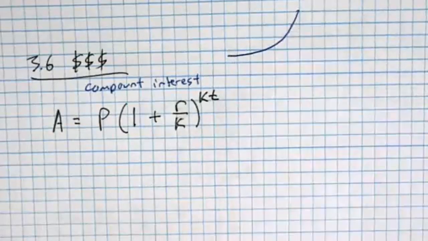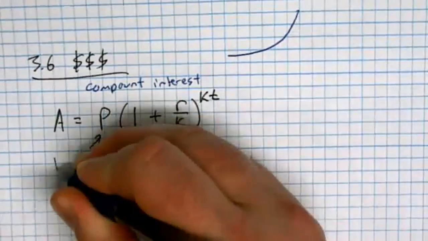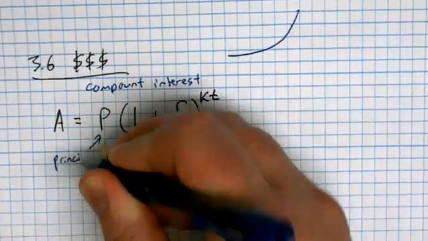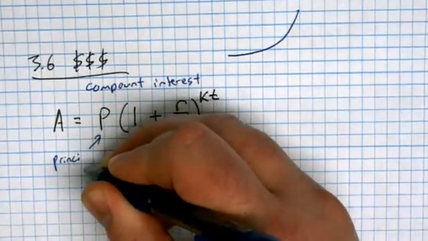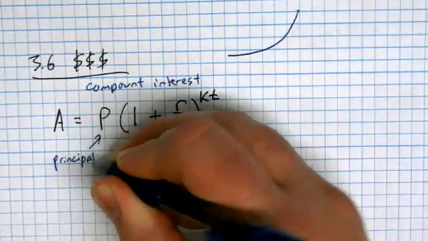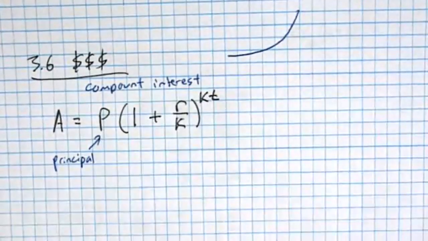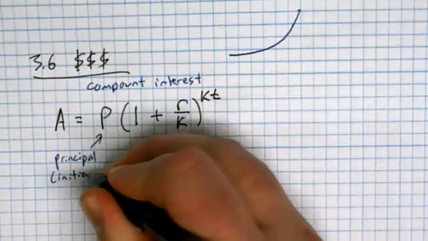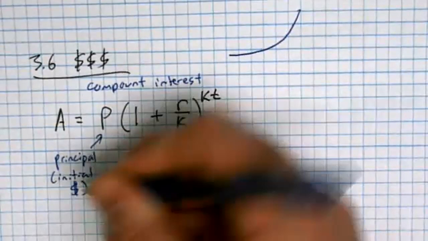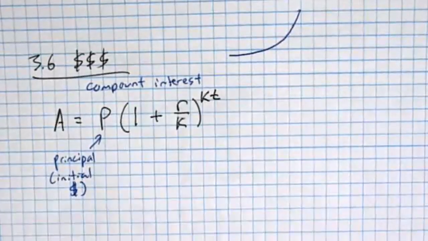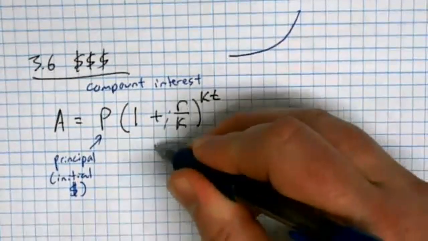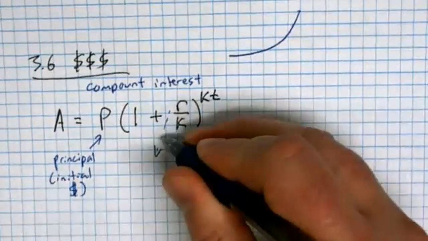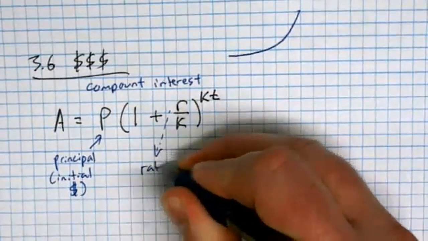All right, so the way this works is we've got P, which is called our principal. I think it's PAL. That's our initial money. That's what we start off with. R is your rate as a decimal.